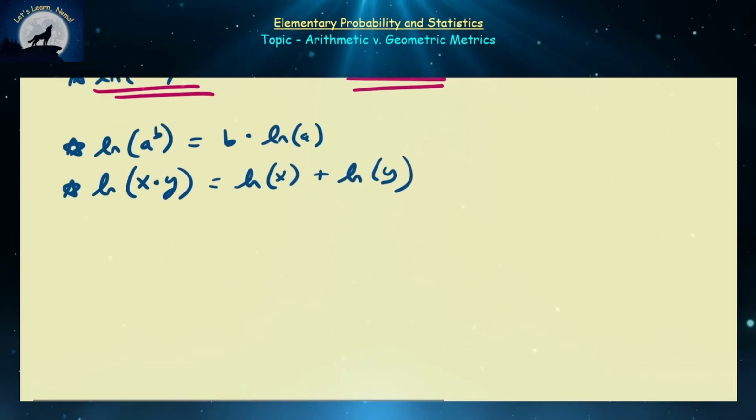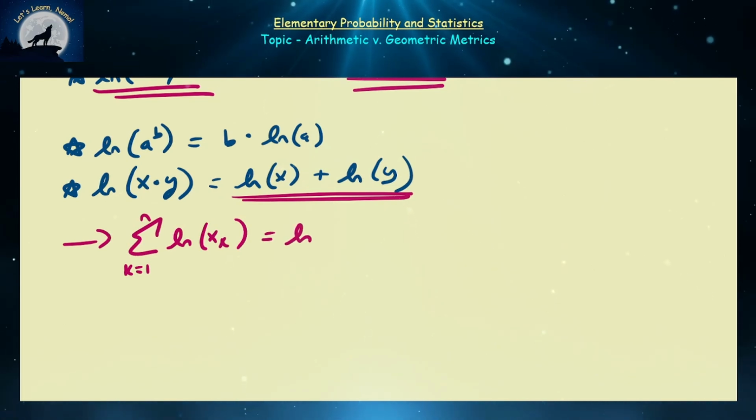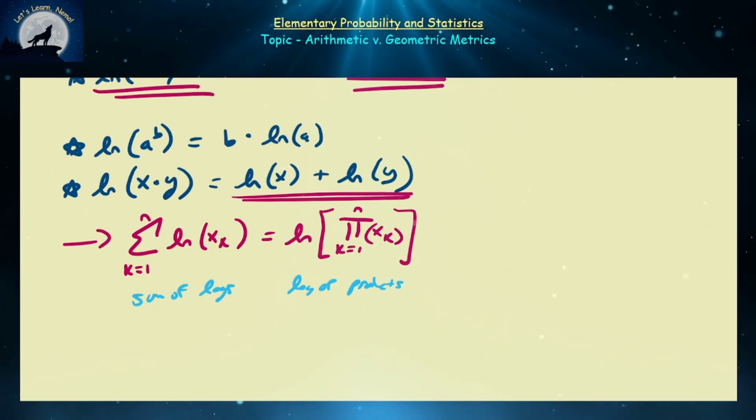And a generalization of this one, instead of two numbers multiplied, we can have n numbers multiplied, is that the sum of natural logs, so the sum from k is equal to 1 to n of the natural log of xk, is actually just equal to the natural log of the product from k is equal to 1 to n of our xk values. Right, so the sum of the log of the numbers equals the log of the product of the numbers.